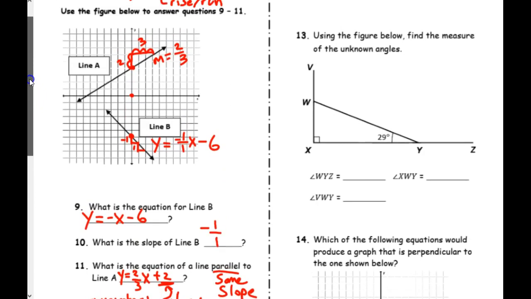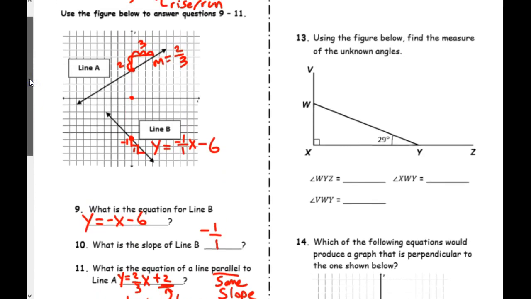Okay. 13, using the following figure, find the measure of the unknown angles. WYZ out here. Well, if that's 29, 180 minus 29 is 151 degrees. XWY.